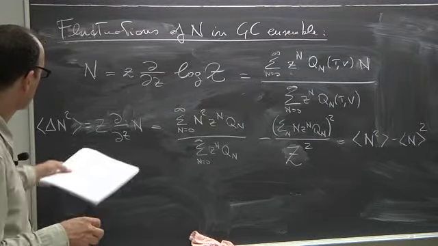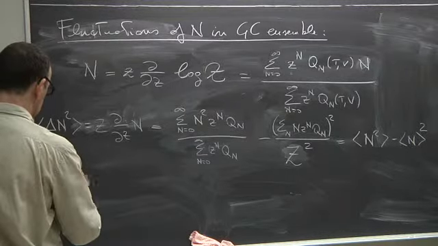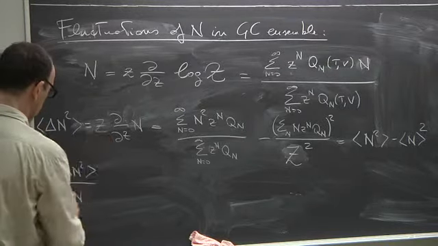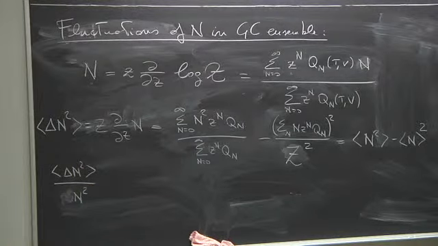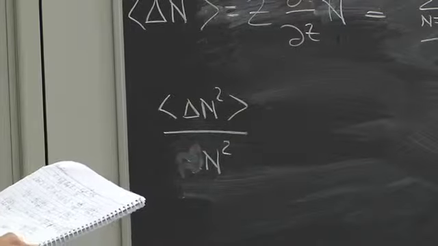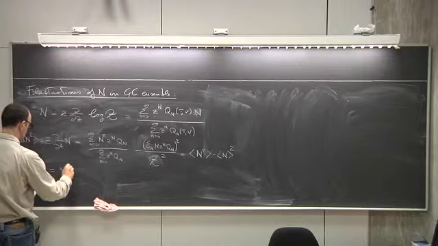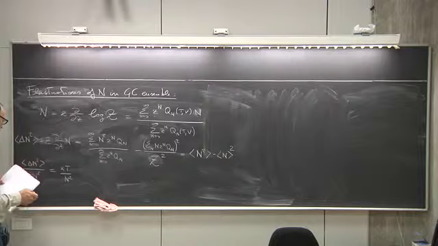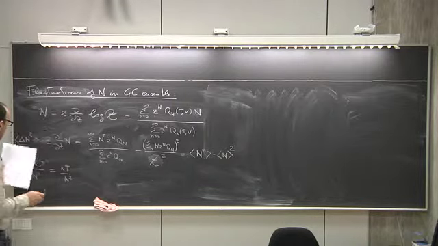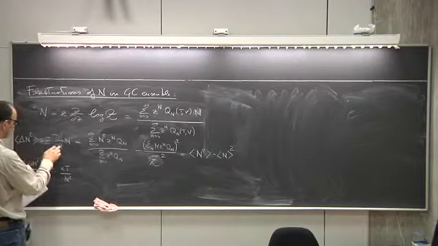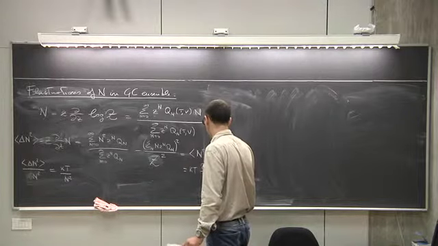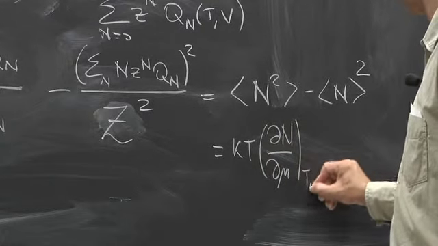But first of all, notice that if you compute the square of the relative fluctuations, so average n is just n squared, then you see that this is kT divided by n squared times this derivative here, which can also be written as kT times the derivative of n with respect to mu at constant T and V, no?